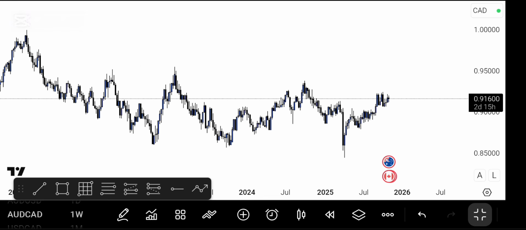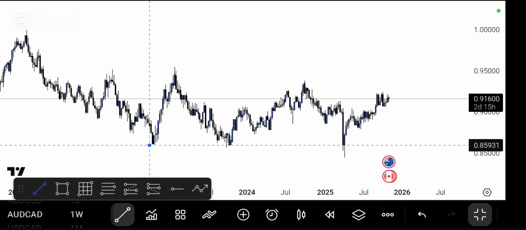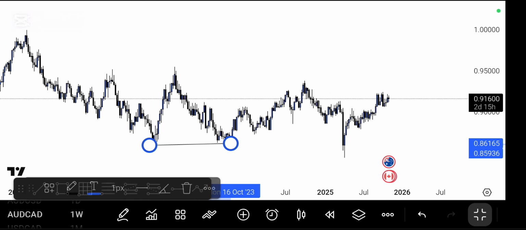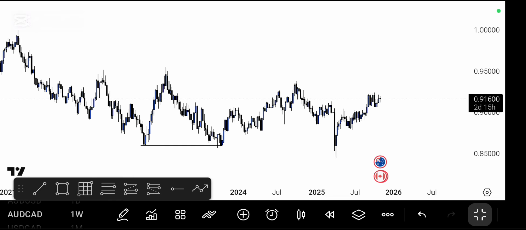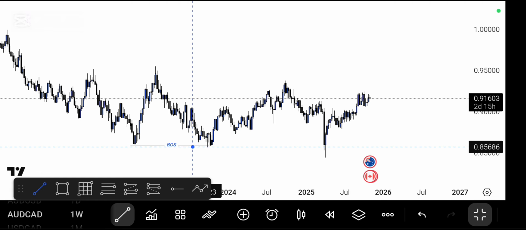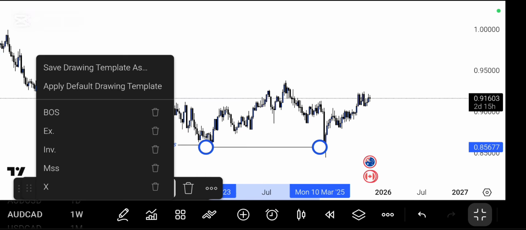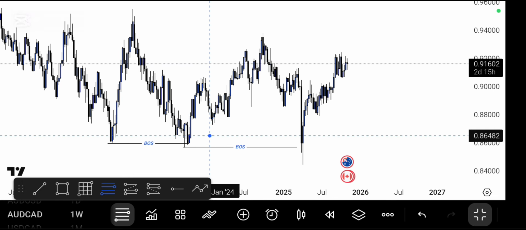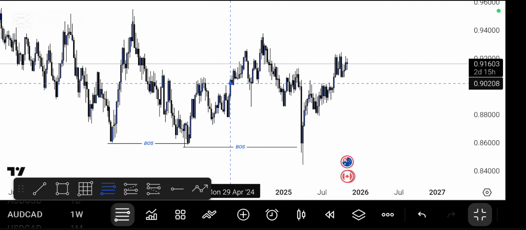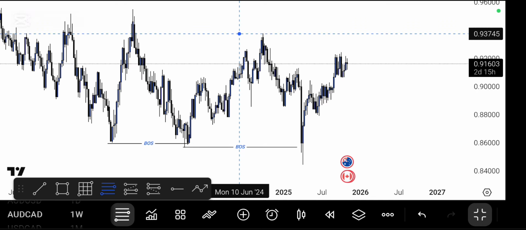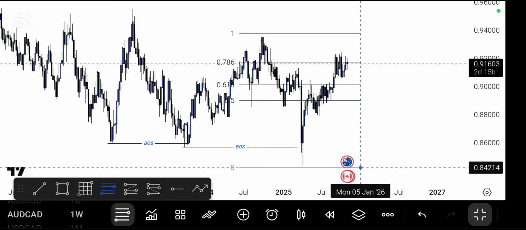So right here in the weekly time frame, I noticed that the sellers are fully in charge of the market. Firstly, we had this break of structure, and the market went ahead to give us another break of structure right here. The next thing we want to do is to identify the origin. For this case, I used my Fibonacci retracement from swing high to swing low.